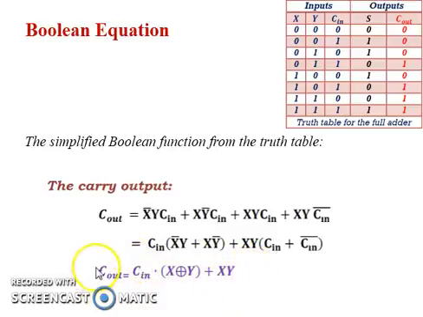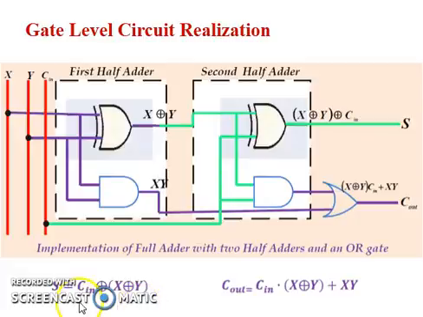Now once we have generated the Boolean expression for the sum and the carry, the next step is to implement the circuit. Here you can see that 3 inputs are there. For the sum term, we have to perform Cin XOR X XOR Y. So first we have performed X XOR Y, then later on we have performed XORing with the Cin.